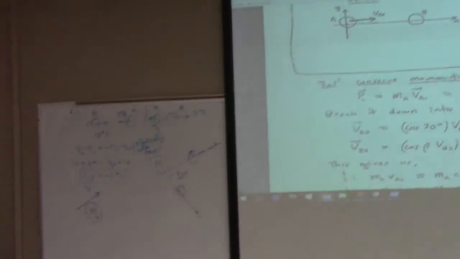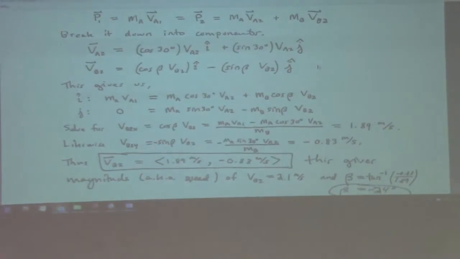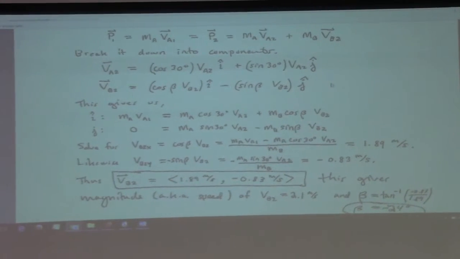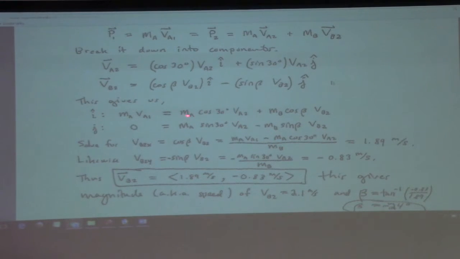Just something to think about as you're trying to solve problems. So momentum conservation in the x direction: m_A v_A1 is equal to the sum of the x momenta of A and B. This I don't know, so I write it down. And in y, 0 is the y momentum for A plus the y momentum for B. It's obviously negative, this is obviously positive.